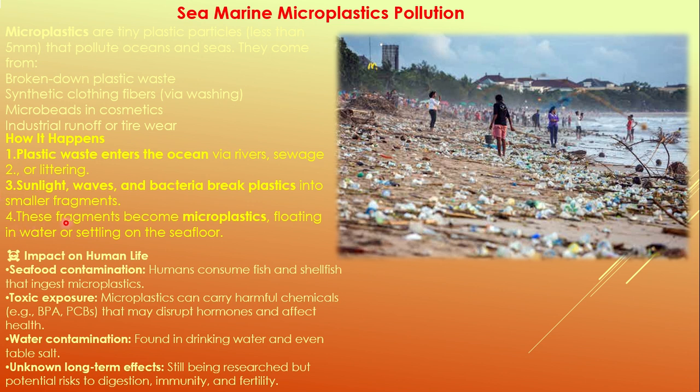These fragments become microplastic, float in the water and settle on the sea floor. This layer of microplastic goes inside the sea and settles on the sea floor. Another kind of layer is created by microplastic and other factory waste, which stops the sunlight from entering the sea.